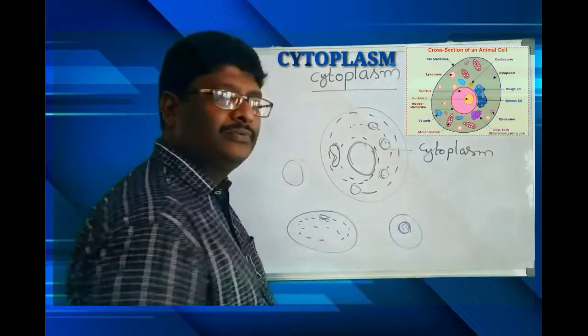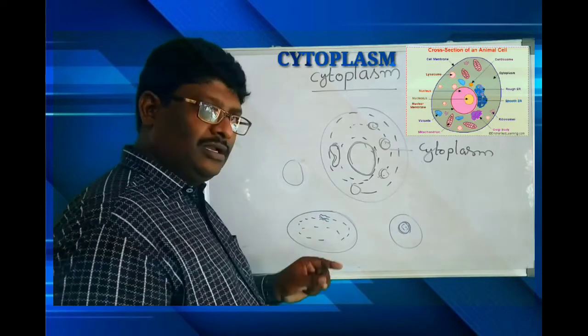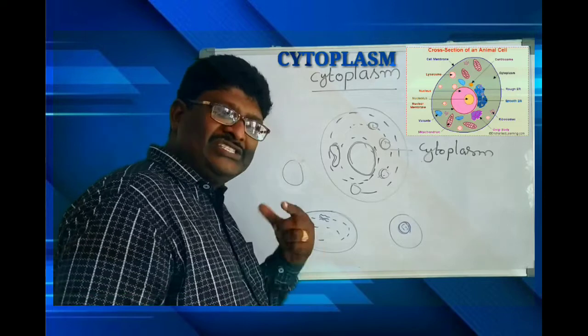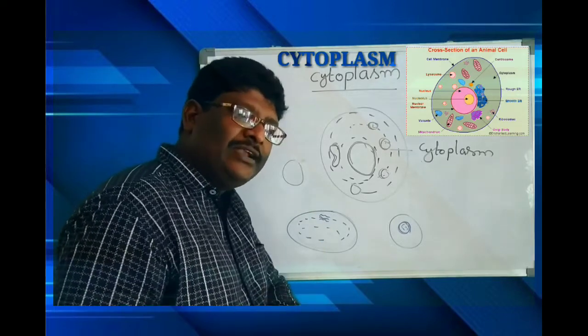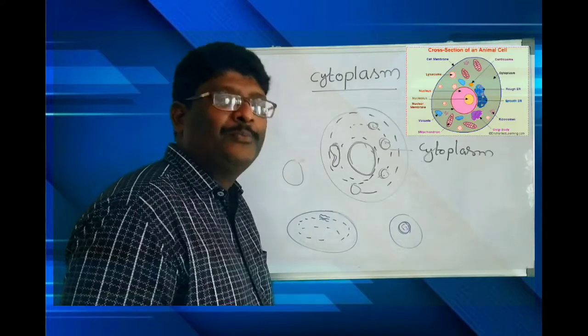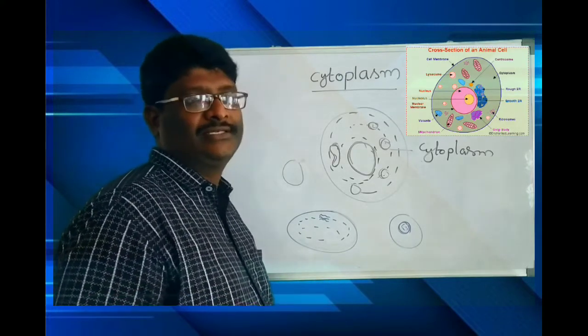But if the nucleus is absent, or around the nucleus there is no nuclear membrane, such cells or living organisms are called prokaryotic cells or prokaryotic living organisms.